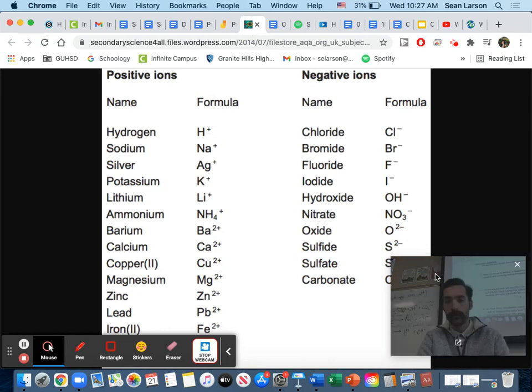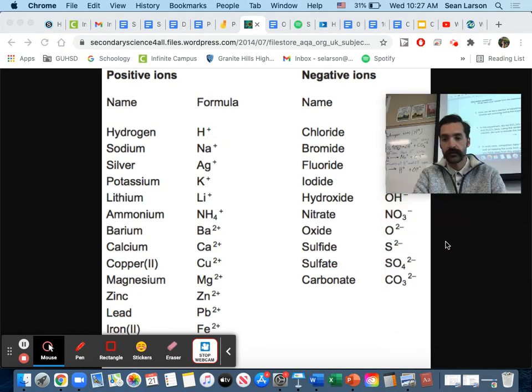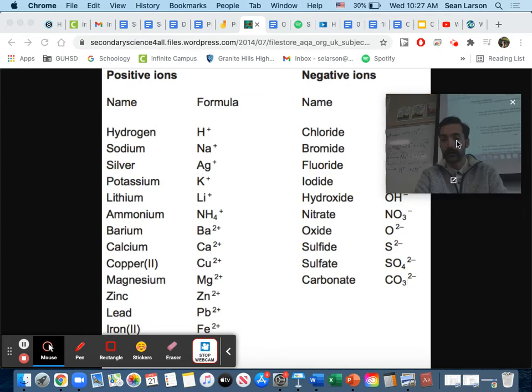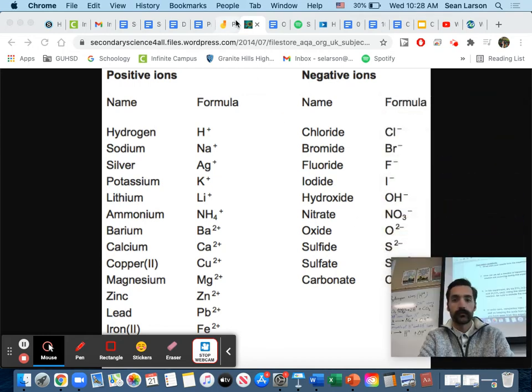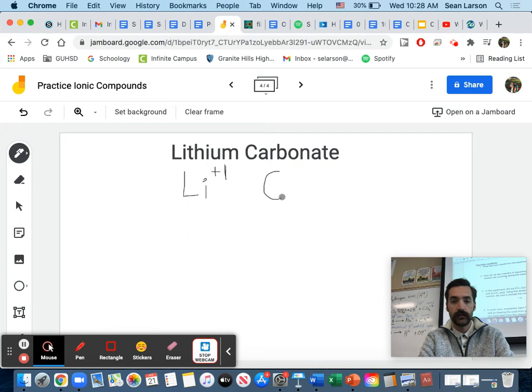Carbonate is CO3 and has a 2 minus charge. So let us write that in. This is CO3, which has a minus 2 charge. That is our ionic charge.